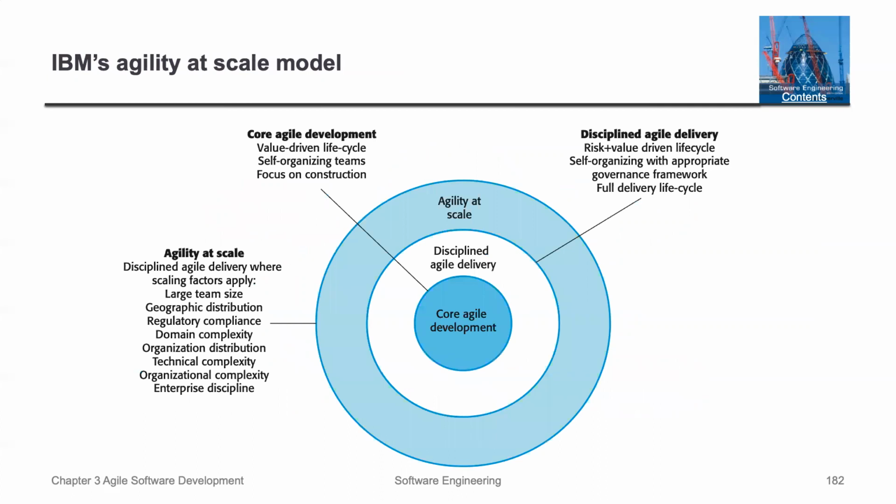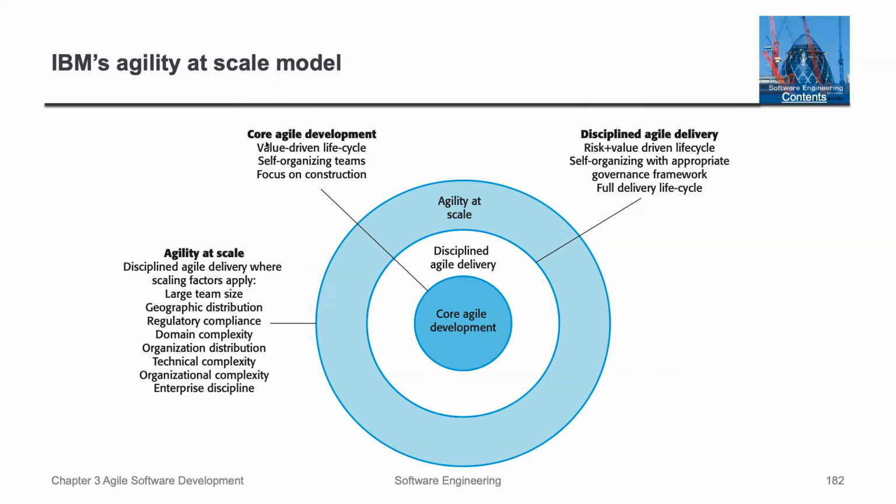So this is a picture of IBM's development in terms of their agility at scale model. I won't go over this in detail, but you can see at the outer point, there's agility at scale. The next level would be disciplined agile delivery.